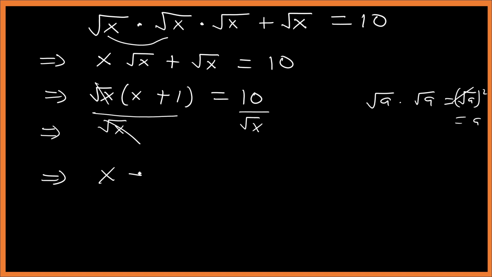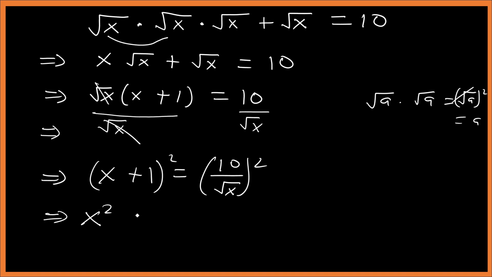We have root x plus 1 equals 10 on root x. So let's square both sides. Okay, we have x squared, plus 2x plus 1 equals, so 10 squared, 100. So square root of x all squared is x.